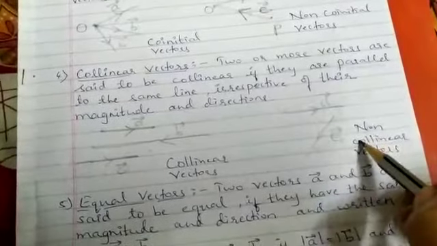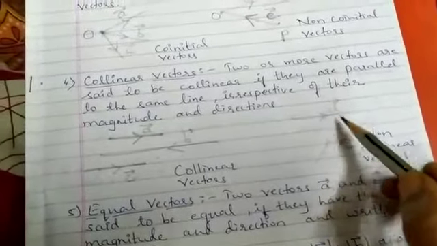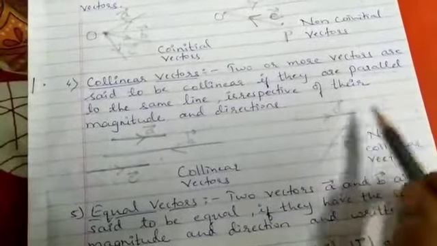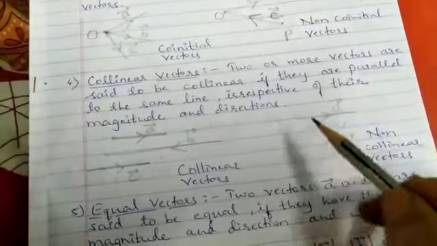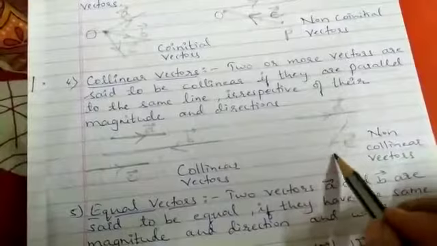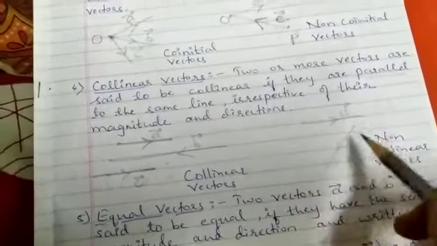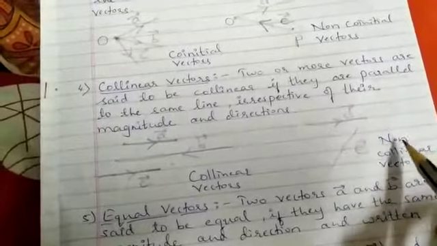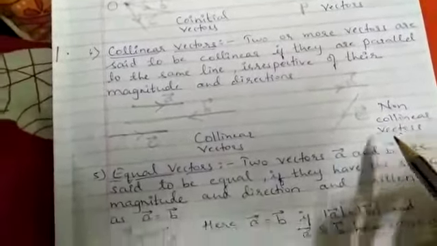Whereas here, we can make out that vector D and vector E are not parallel. Their directions of course can't be the same when they are not parallel, and opposite is also not possible here. Then these vectors are said to be non-collinear vectors.